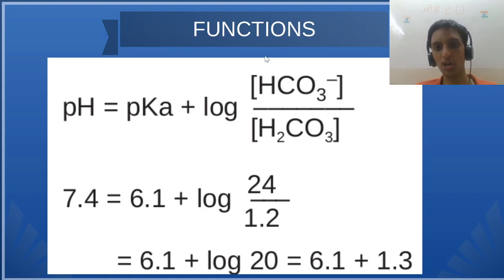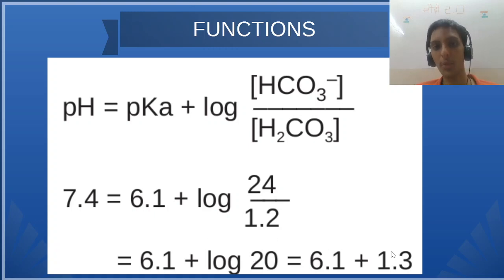Here pH is equal to pKa plus log of bicarb ion by carbonic acid for the bicarb buffer. Let's substitute the values. pKa is 6.1, bicarb is 24, normal is 22 to 26, and carbonic acid is 1.2, which is at its normal value. Substituting all of this, the ratio becomes 20. So 6.1 plus log 20.